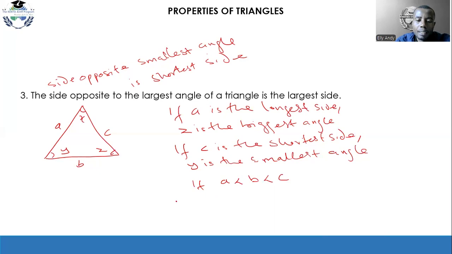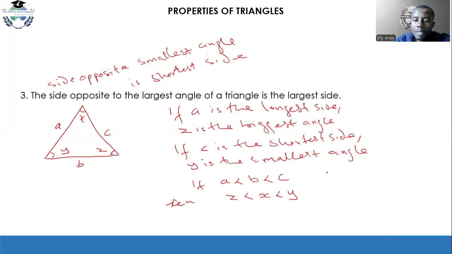That is, the angle opposite A, that is Z, will be less than the angle opposite B, that is X, which will also be less than the angle opposite C, which is Y.